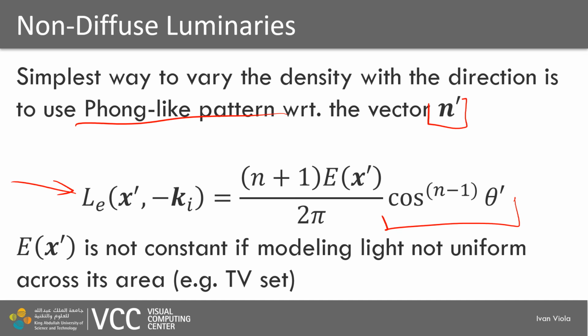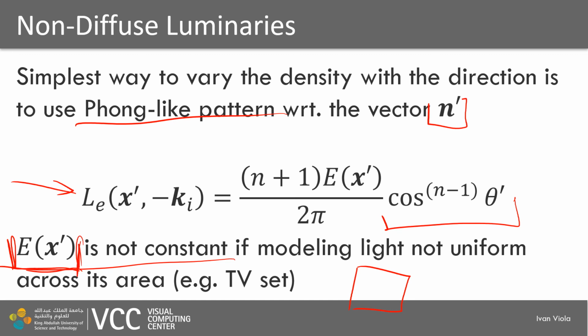If we furthermore want to have a non-constant light on the light source, meaning a certain pattern on our light source, like for example on a TV set where we have a particular pattern on the TV which is at the same time serving as the light source, then the exitant radiance term will also not be constant along the light source.